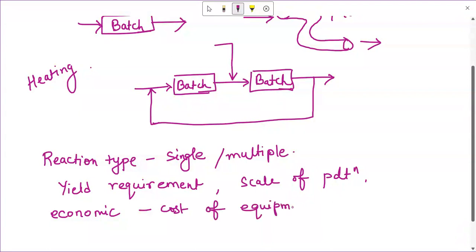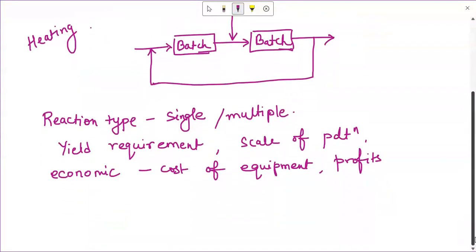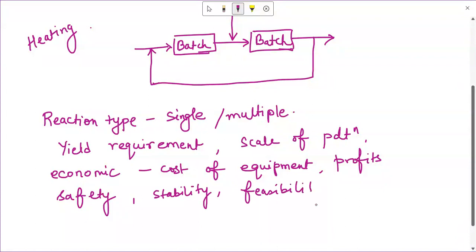Then the profits that you can garner out of the setup that you have for your plant. Then another very big factor, safety, process stability, process feasibility, and how flexible the process is.